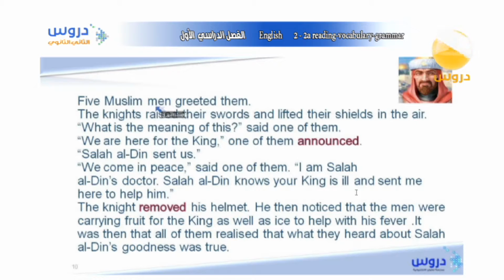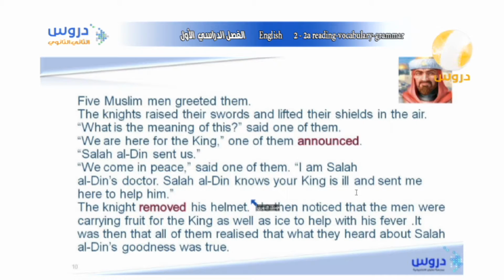5 Muslim men greeted them. The knights raised their swords and lifted their shields in the air. "What is the meaning of this?" said one of them. "We are here for the king," one of them announced. "Salah ad-Din sent us." "We come in peace," said one of them. "I am Salah ad-Din's doctor.